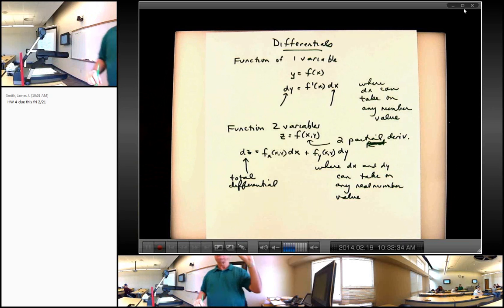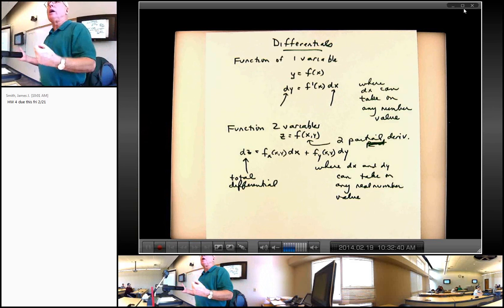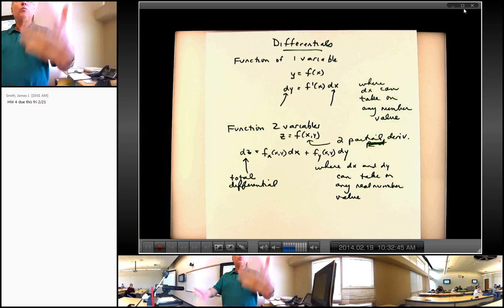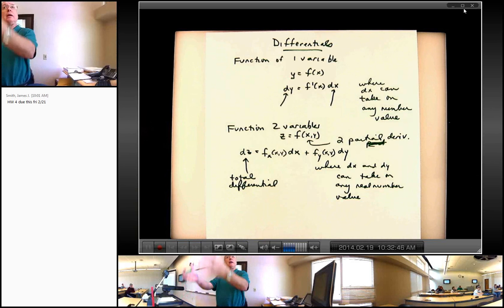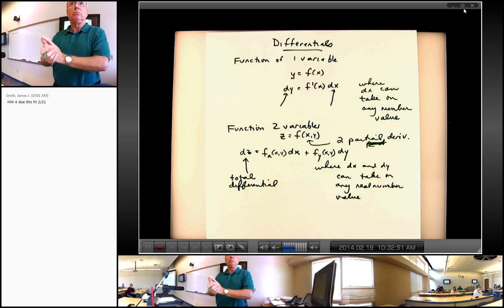In other words, we could, for whatever reason, decide that dx is 3 and dy is 4. It depends on the context. But we can replace dx with some number and we can replace dy with some number.